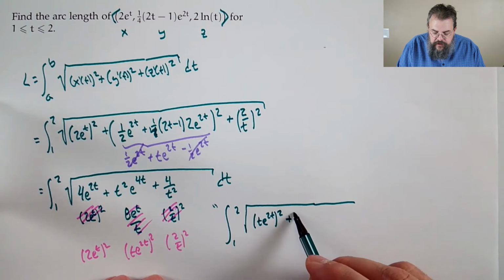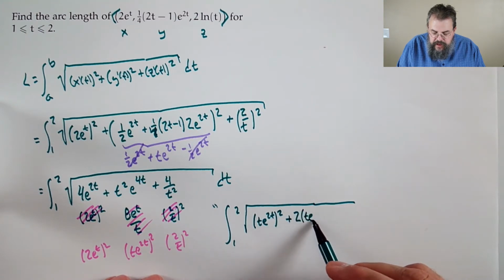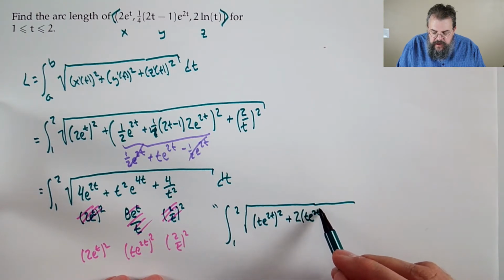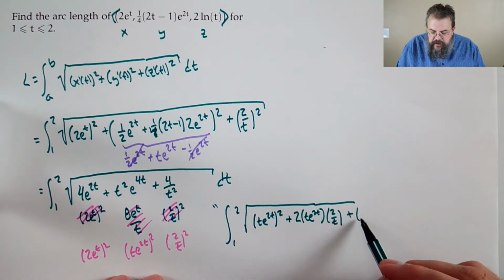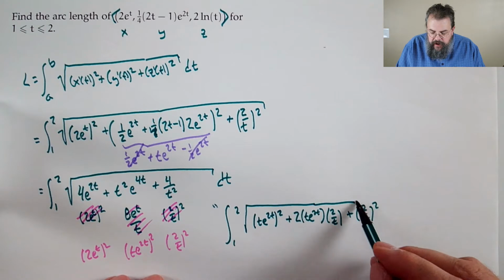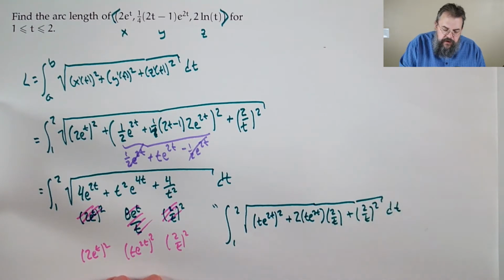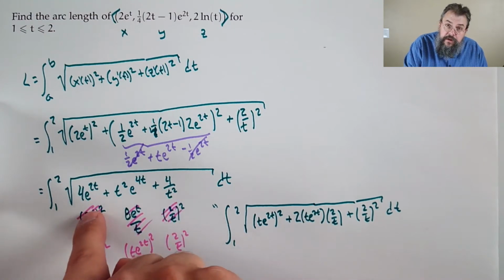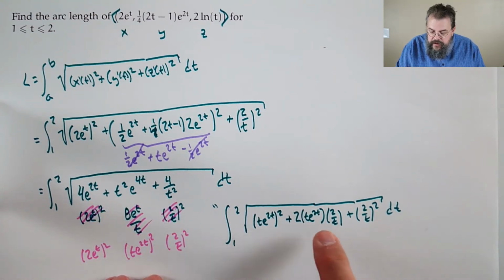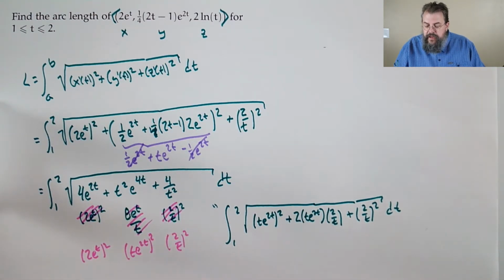Well, we're really going to think about it as 2 times te to the 2t times 2 over t. And then the last term will be 2 over t squared. In other words, this was the a squared, this was the b squared, this was 2ab. So a squared, 2ab, b squared. And now we're in great shape. We've got ourselves a nice square.